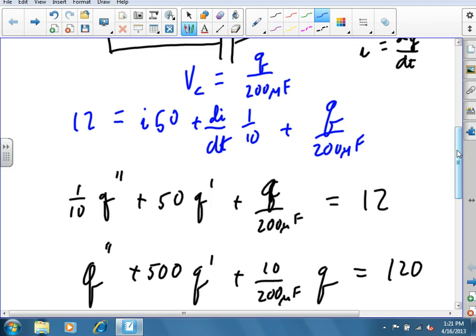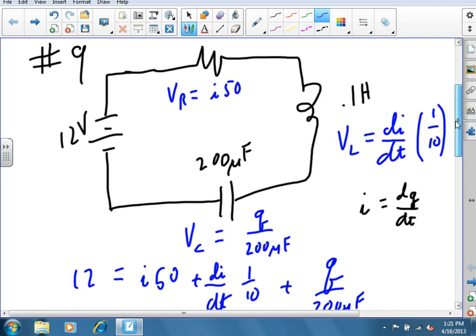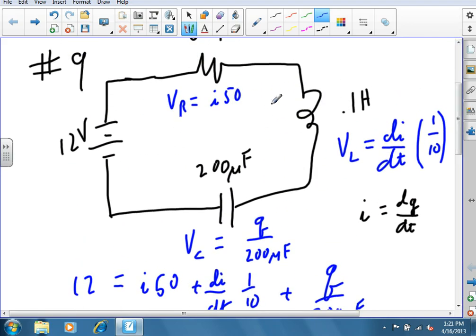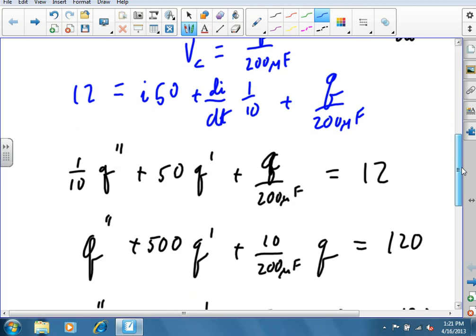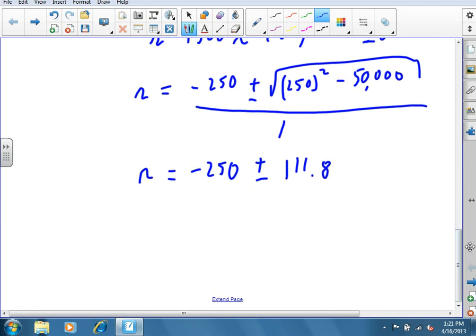This should be a sinusoidal function, and I'm not getting a sinusoidal function, because it should go back and forth, and it's not going back and forth. Well, maybe that's right. I don't know. So r is going to be minus 362, or minus 138.